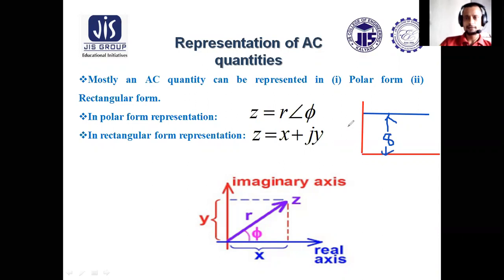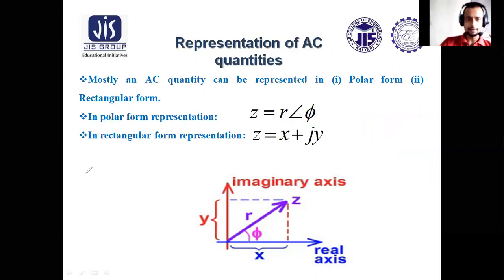Suppose this is the voltage axis and this is the time axis. See, this voltage is parallel with the reference axis. So V can be written simply as 8. Always the phase angle will be 0 degree as it is parallel to the X axis or reference axis. So V equals 8 volt, this we are all familiar with.